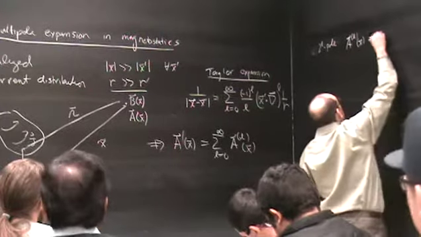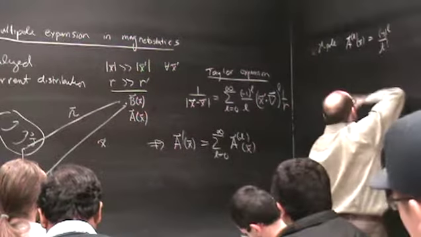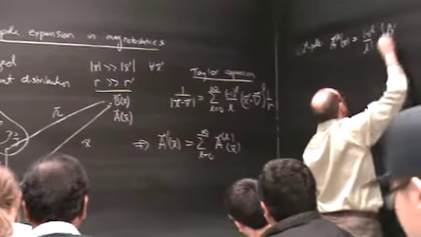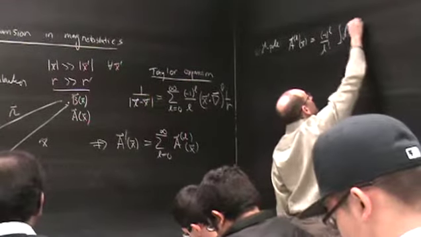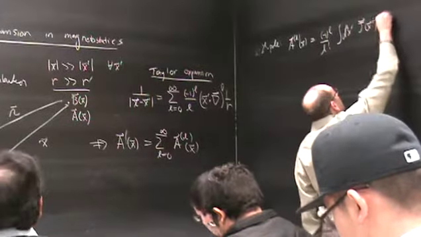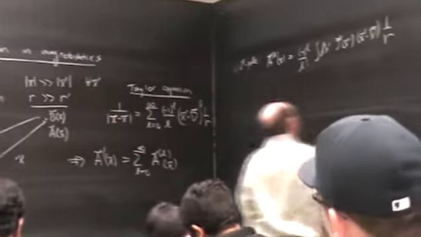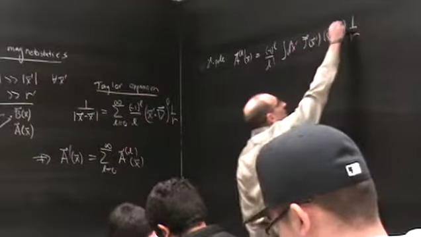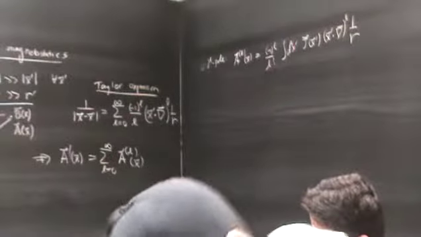Minus 1 to the L over L factorial, integral over the source, j at x prime, to the L. Okay?